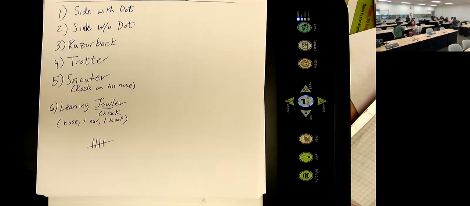2 dots, 1 dot. Dot, no dot, razorback. Trotter, razorback, dot. No dot, 2 dots.